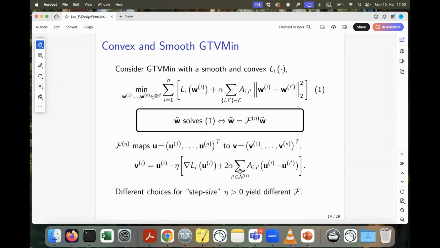And this operator is parameterized, by the way, by eta, the learning rate. So the learning rate is a parameter of a whole family of operators f eta, which characterize solutions of this optimization problem 1. But this is just one example.